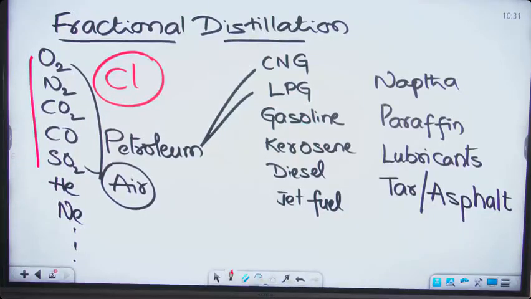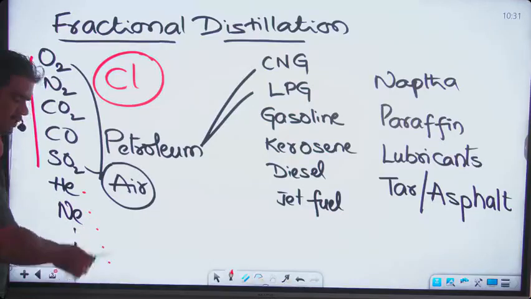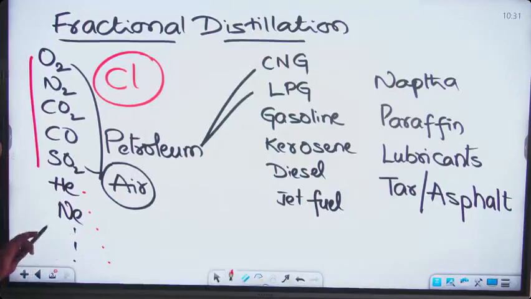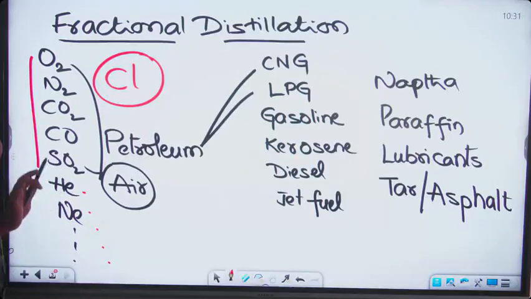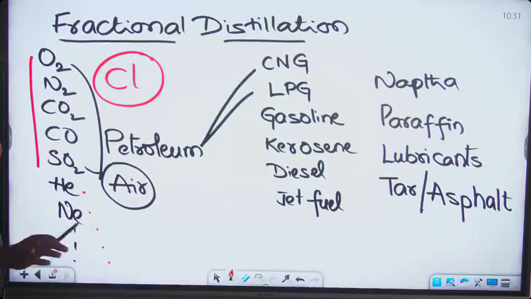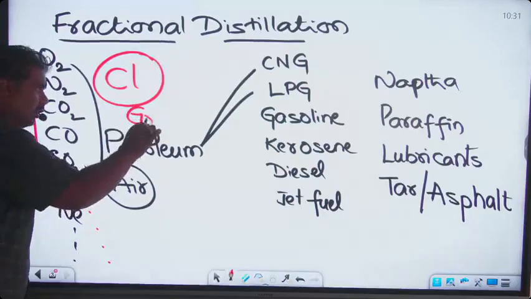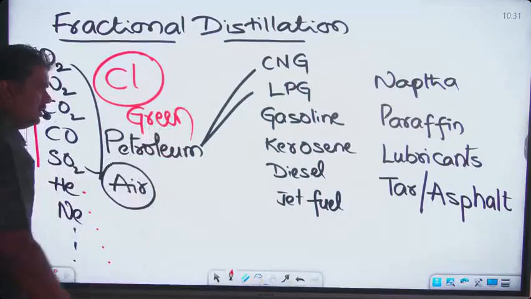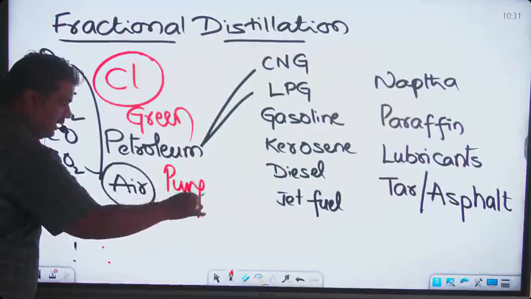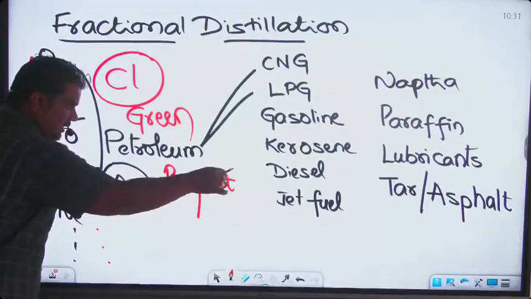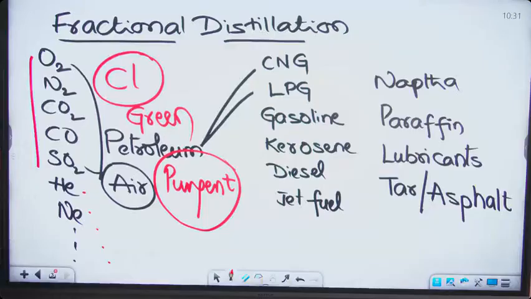If chlorine gas were in the air, we could easily identify it. The reason is chlorine is a green colored gas with a pungent smell. It has a sharp smell, and if you inhale too much chlorine gas, the chances of dying are also very high. That is the reason why it is not present there.